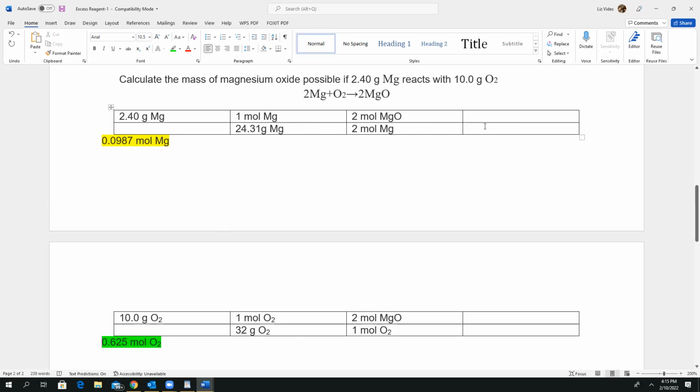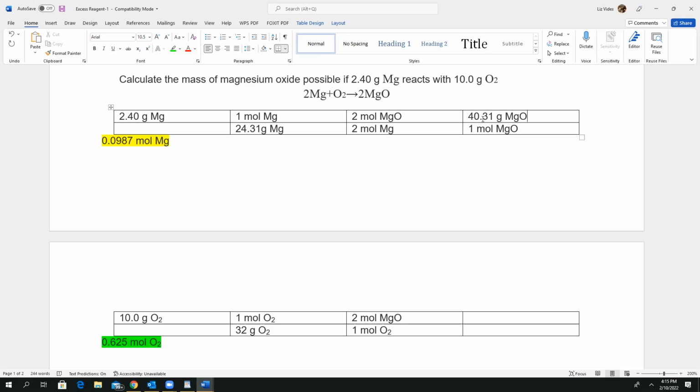All right, so we need to now say 1 mole of MgO is equal to how many grams? Let me see. Magnesium is 24.31. And the other one is 16, so it's 40.31 grams of MgO. You see that? All right, so now this was just tentative.